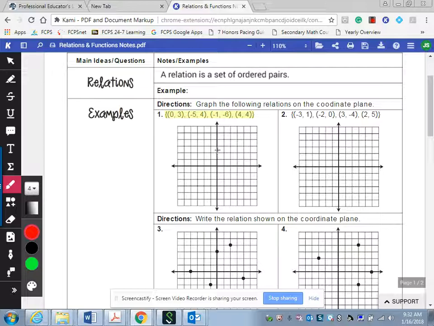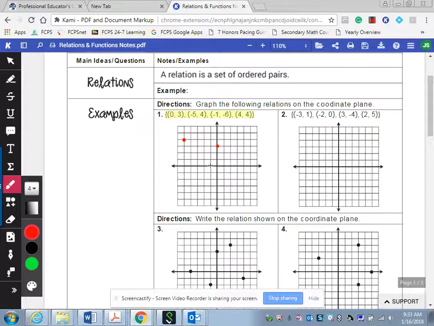So 1, 2, 3. We put a dot here. Okay. Then you have (-5, 4). So 1, 2, 3, 4, 5, and then we go up 4: 1, 2, 3, 4. Okay. And we have (-1, -6).